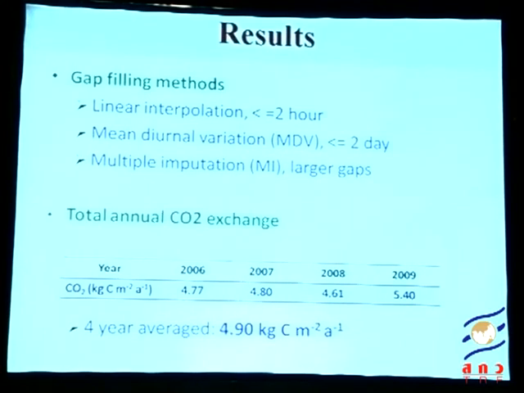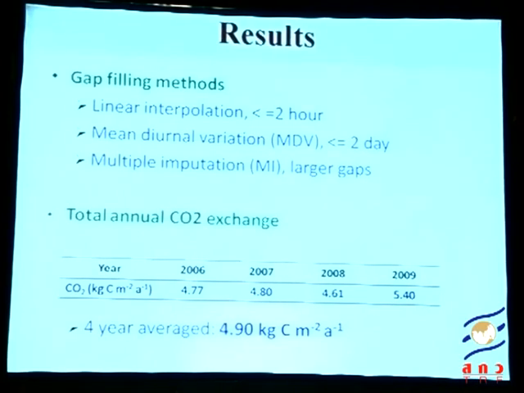Some scientists from European countries like to use neural networks to do this gap filling. As we know, Europe is developed and the conditions are more stable, but Beijing is changing very quickly, so we didn't use it. For the large gaps, we use multiple interpolation.